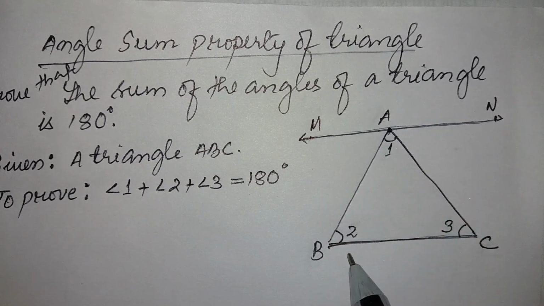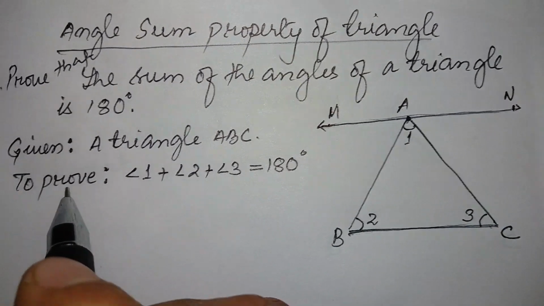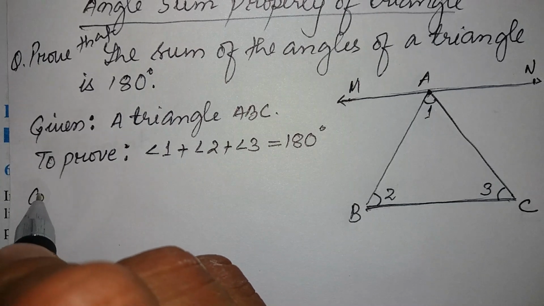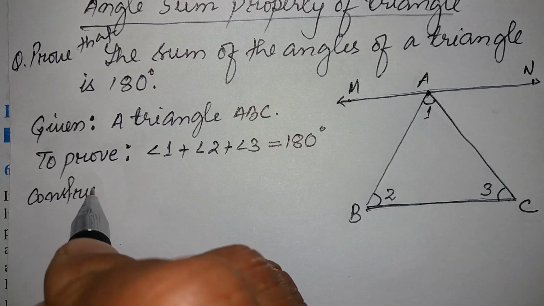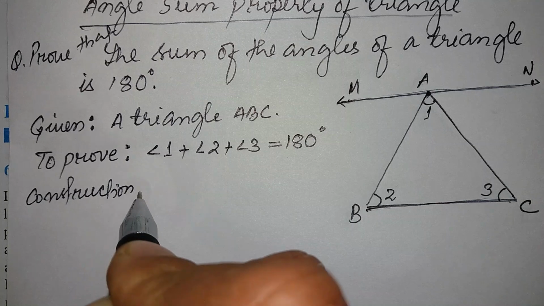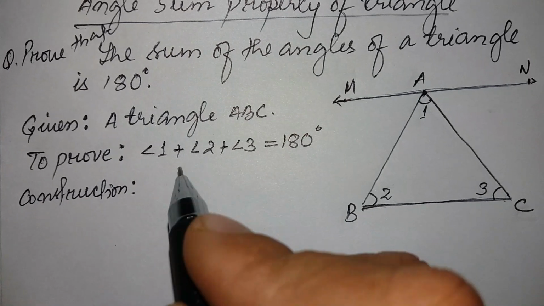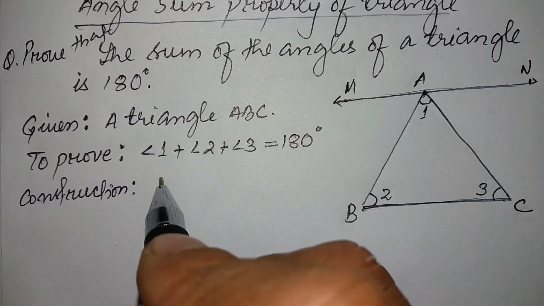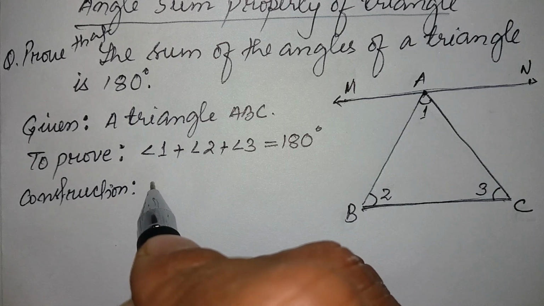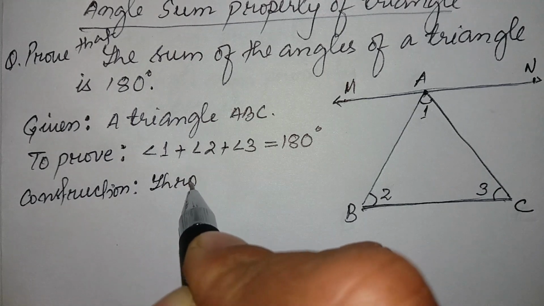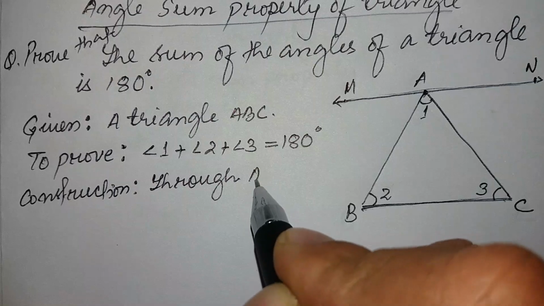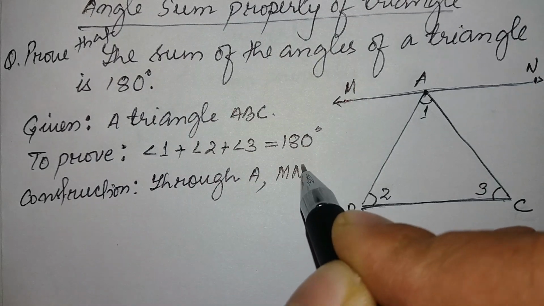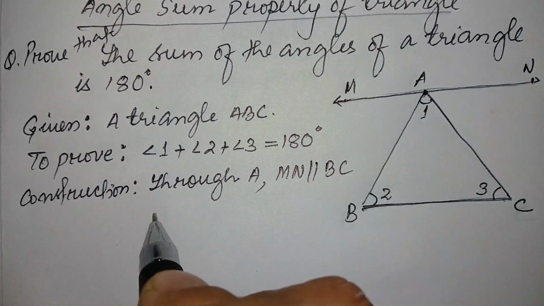Construction, you will write here: construction is MN parallel to BC through A is drawn.